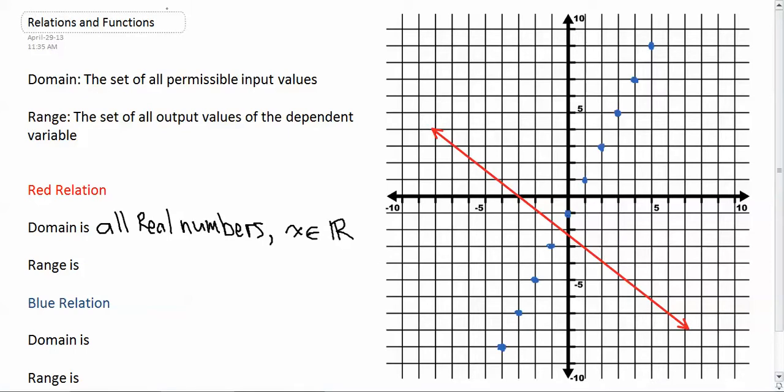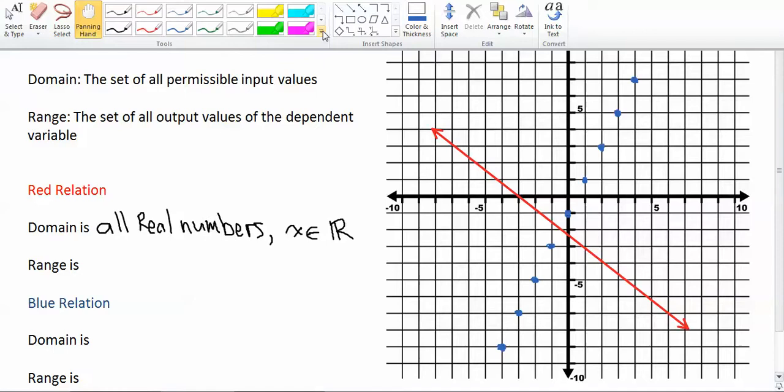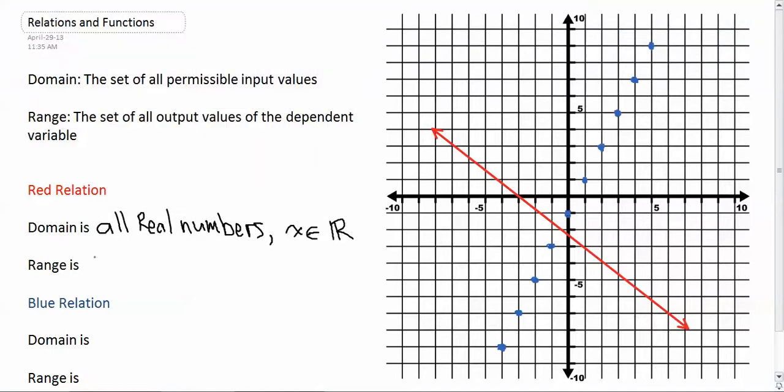So now let's take a look at our range. So again, we'll get our little hand tool. So here, if I were to squash all these red values against the y-axis, and this line continued infinitely, notice that it would cover the entire vertical axis here. So what that says is the range is also all real values.